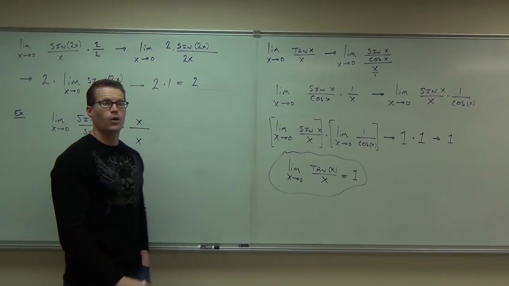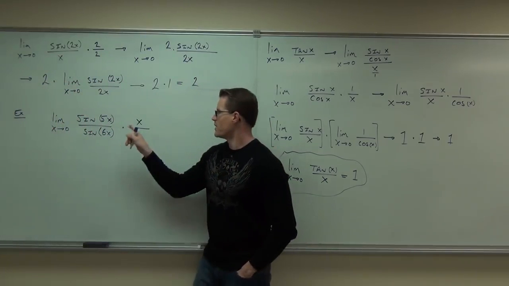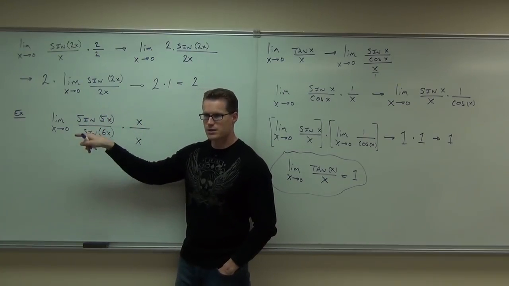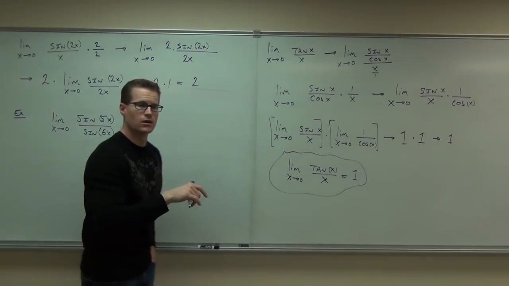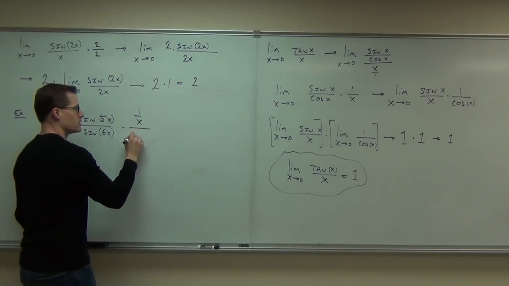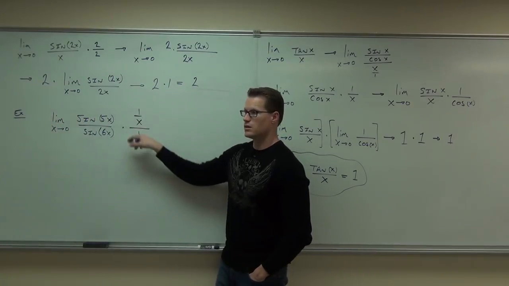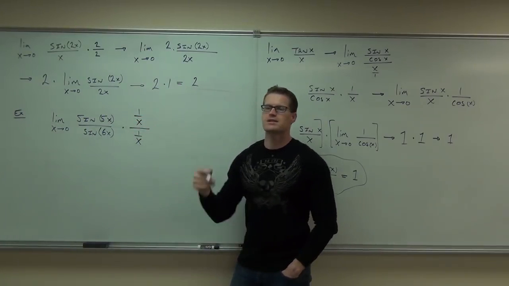1 over x. Oh, okay. So if I multiply by just an x, I get x sine, right? I don't want that. I want something over x. How do we get over x? 1 over x. How about 1 over x? Is that legal to do? Is this still 1? Okay, let's see what that does to our problem.